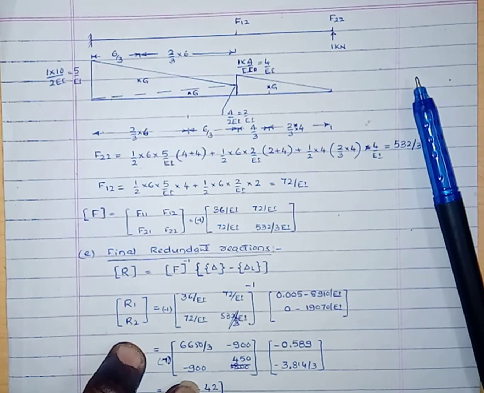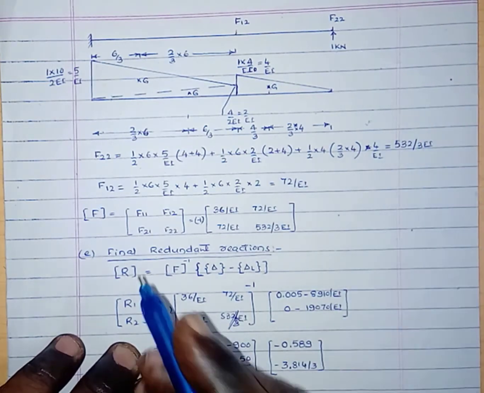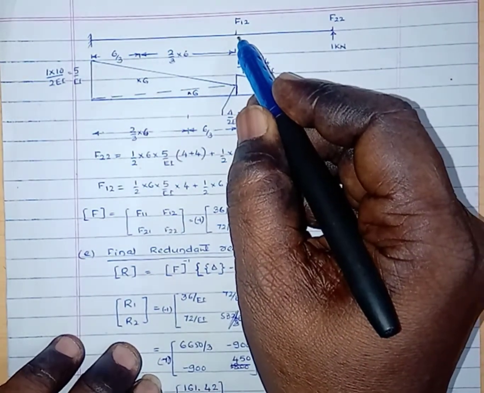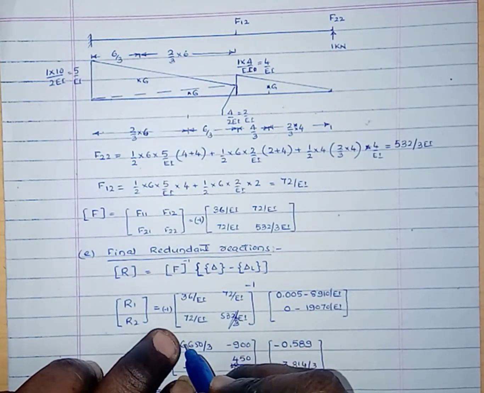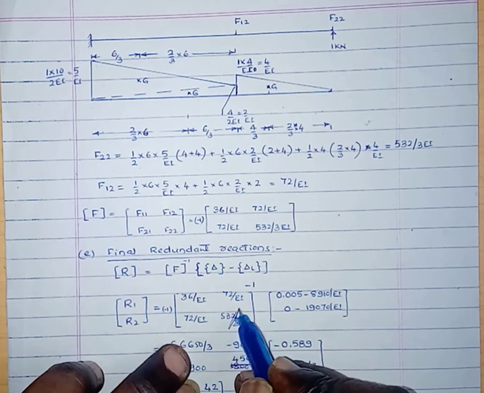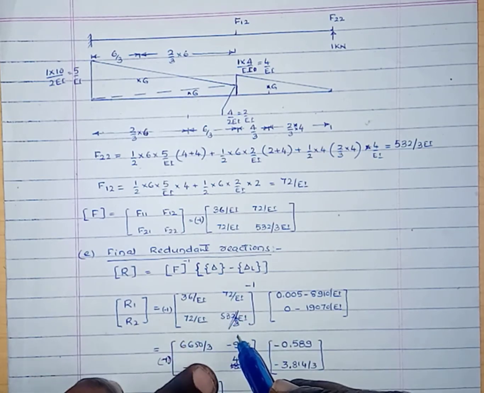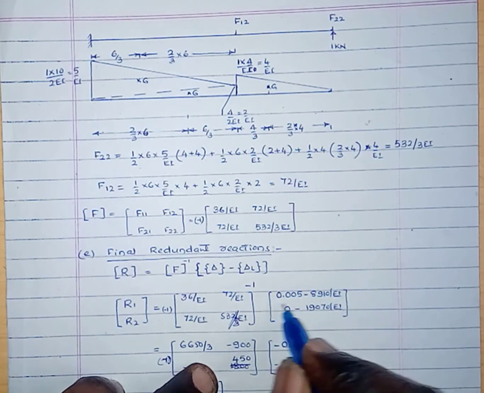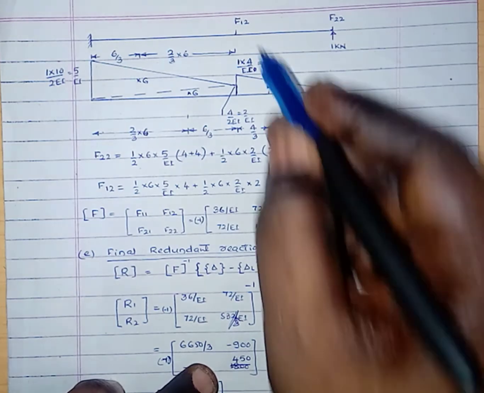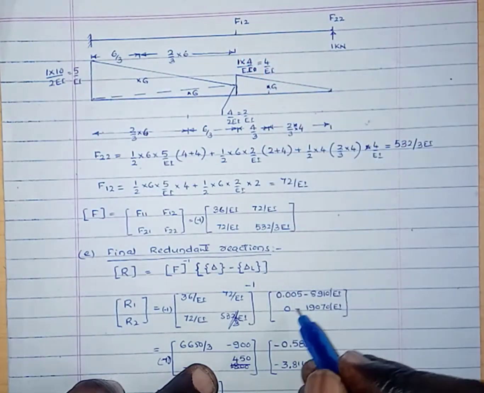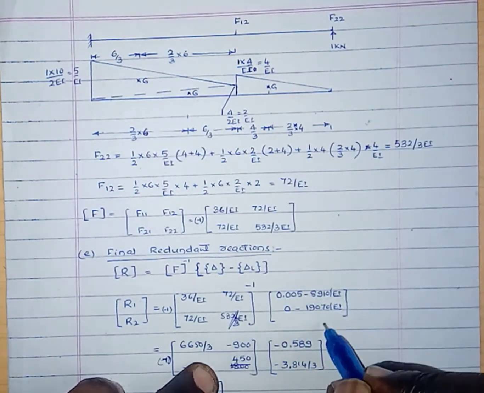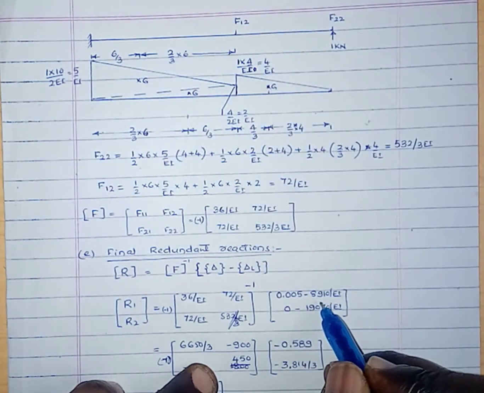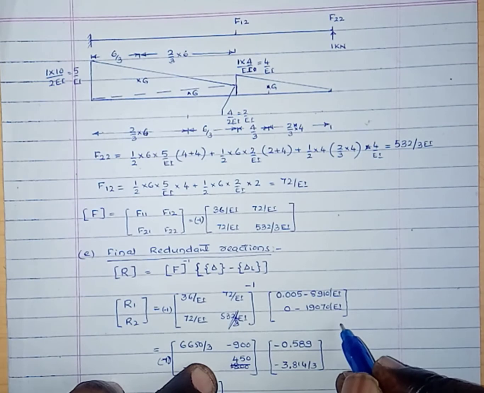Then by substituting the values, R1 and R2 are the redundant reactions. R1 is the support reaction at B, R2 is the support reaction at C. The elements of the flexibility matrix are 36 by EI, 72 by EI, 72 by EI, 532 by 3, and the displacement vector due to settlement: the settlement at coordinate 1 is 0.005 and the settlement at 2 is 0, and the displacement at 1 due to the load is minus 8910 by EI. Similarly at 2, it is 19,070 by EI.